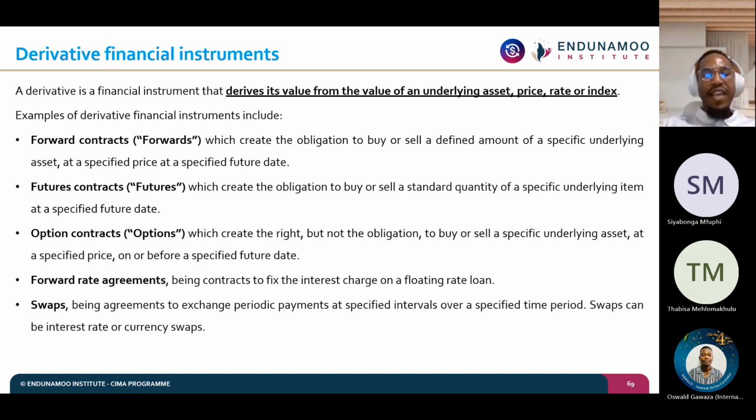So again, if you have entered into an option to buy a liter of diesel for 10 Rand a liter, then you'd say the option period is 3 months. If the price per liter of diesel goes up, you will be in the money, which means someone who does not have the option will buy it at 20 Rand, while you can buy it at an exercise price of 10 Rand. The value of your option contract lies in the fact that you have this benefit of buying it at a cheaper price.